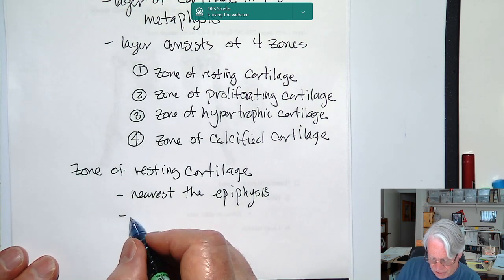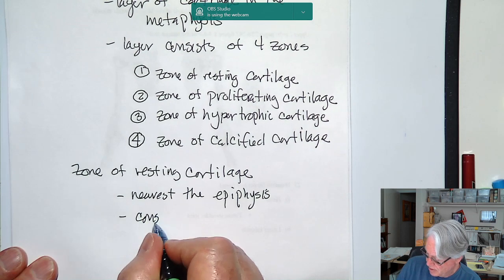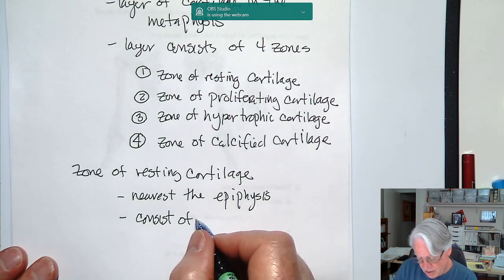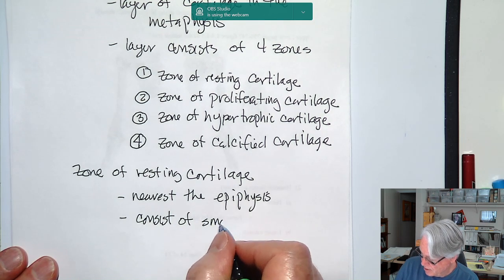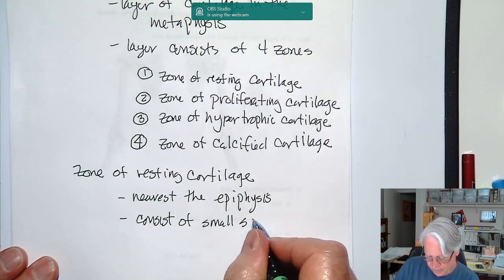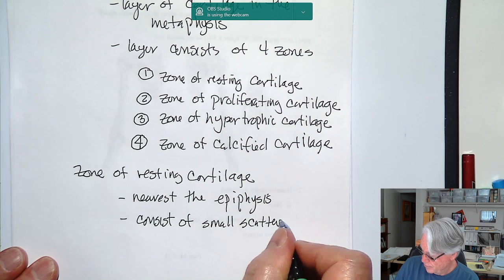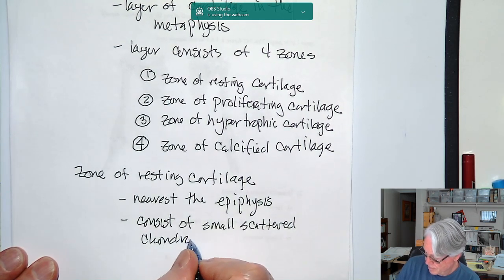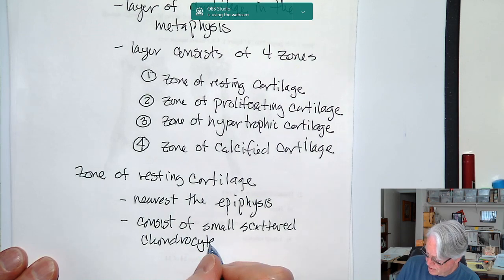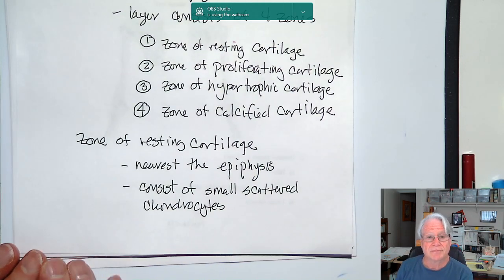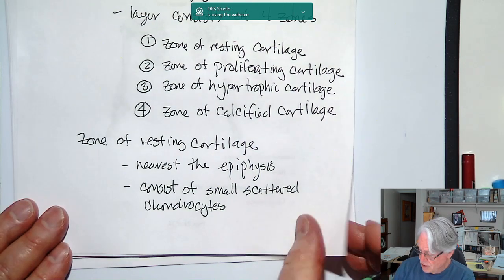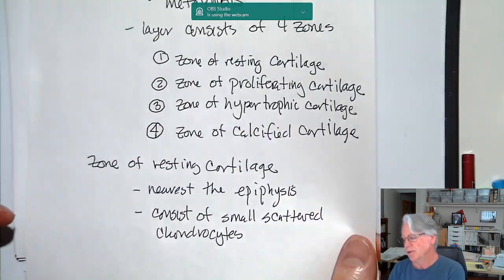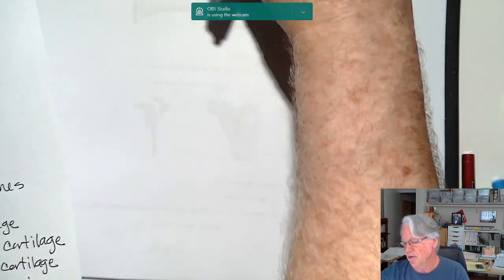It is going to consist of small, scattered chondrocytes. It's not going to play a role in actual growth. So it has no role in the actual growth of the bone.